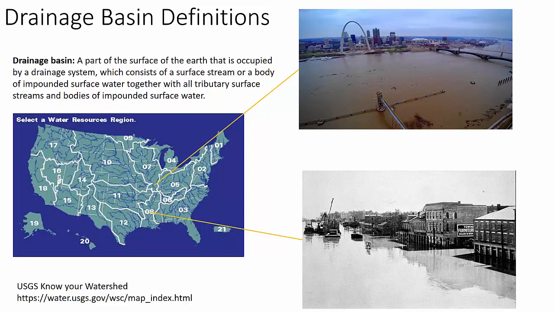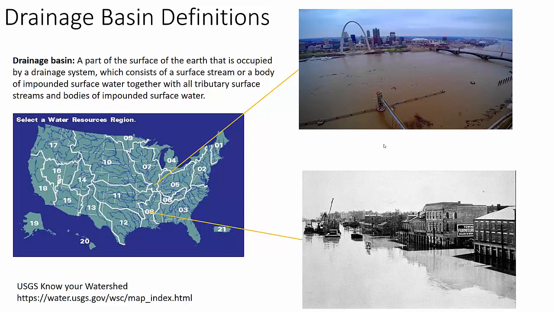So this consists of surface streams or bodies of impounded surface water together with all tributary surface streams and bodies of impounded surface water. And notice that the Mississippi River, which covers over half the United States, is broken up: the Missouri River, the upper Mississippi, etc. Notice that each of these has a number. This is the beginning of the watershed zip code which we provide.